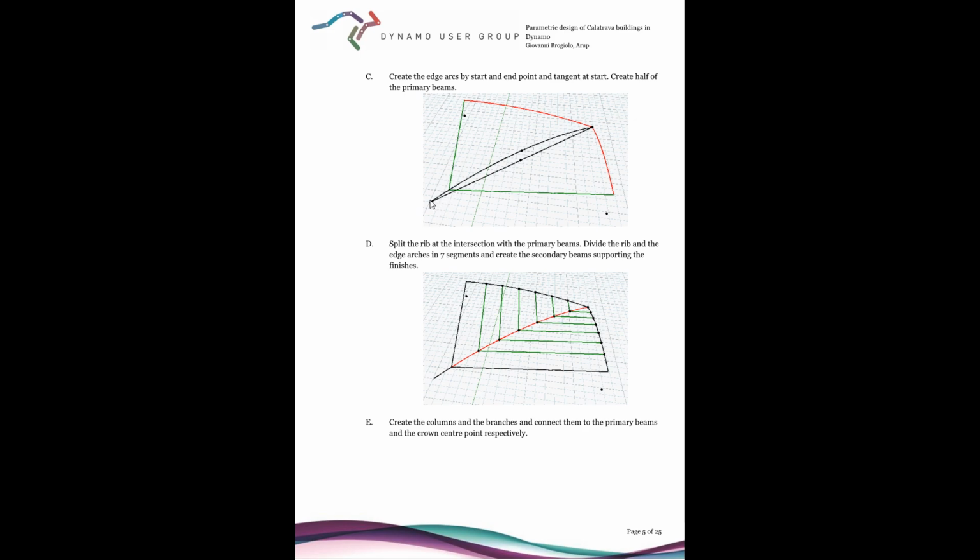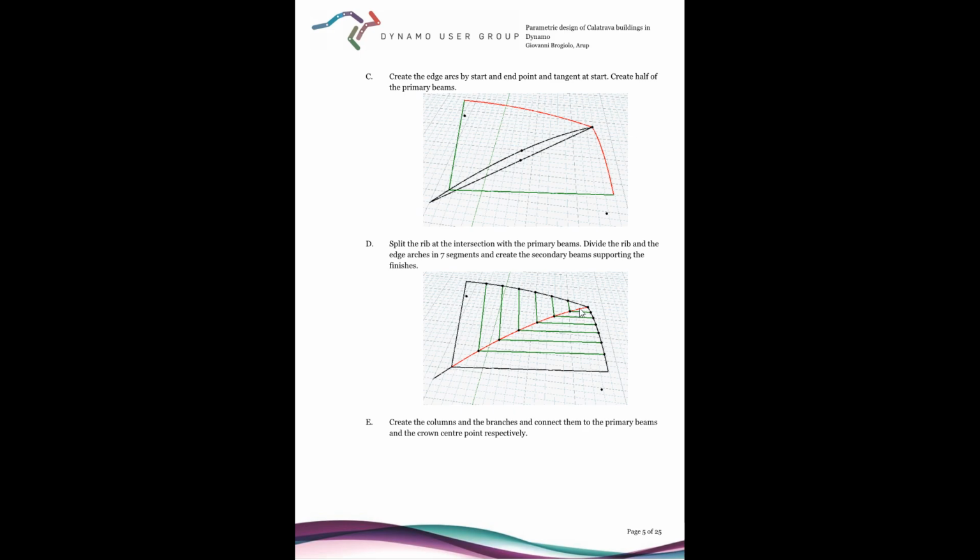So they are not connected to the origin of the crown, they are slightly moved away from it. And we can then start creating the 2 arches at the edges.